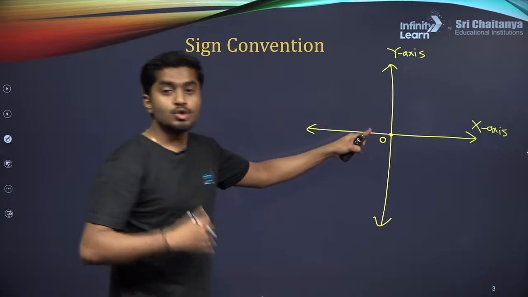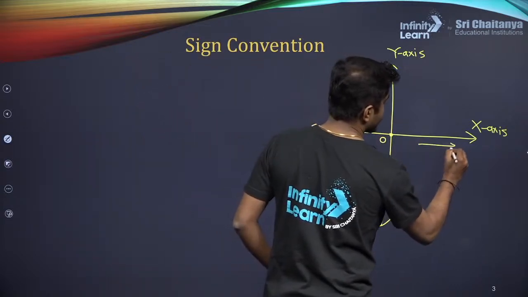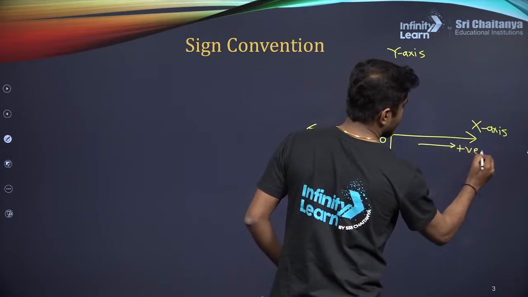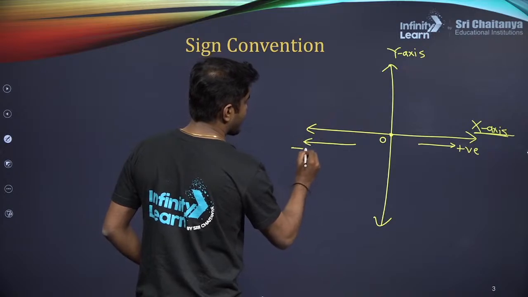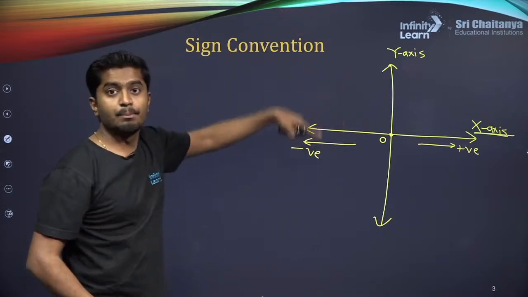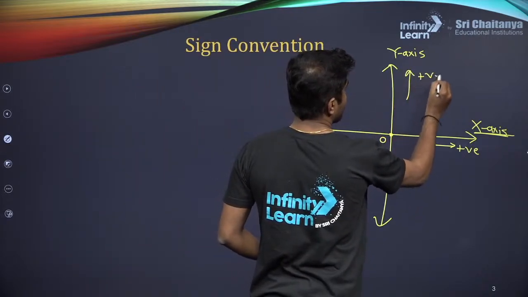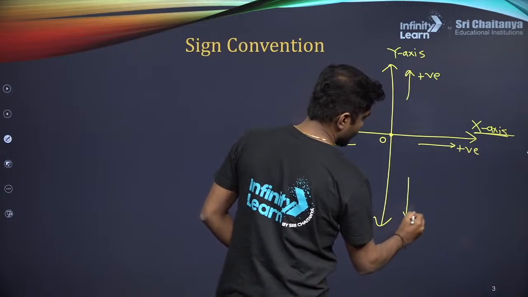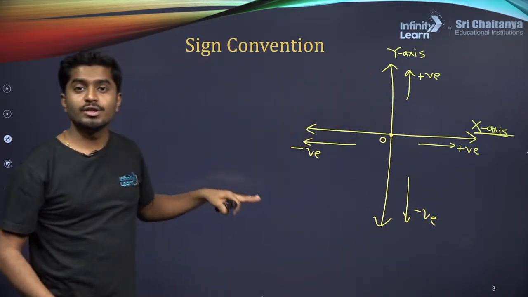If you go towards the right of the origin, it is a positive direction, so positive x values, and the left is the negative direction. If you go upwards, that would be positive. If you go down, this would be negative. All of you know this, right?